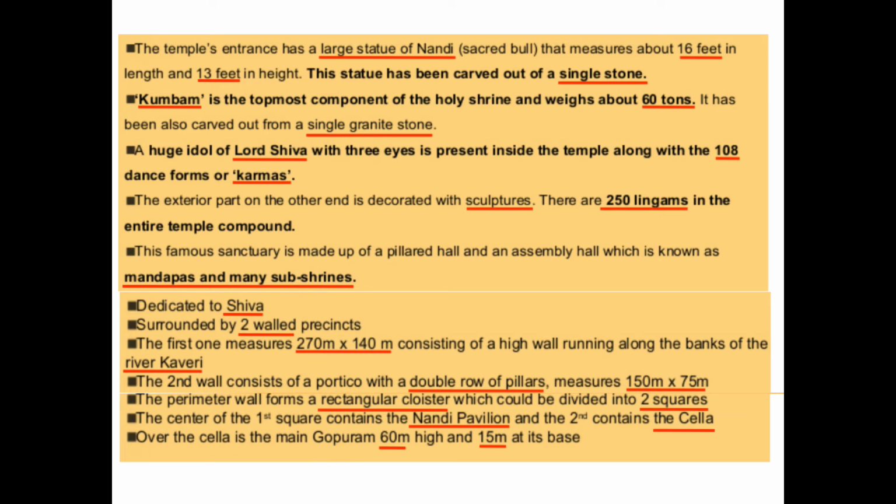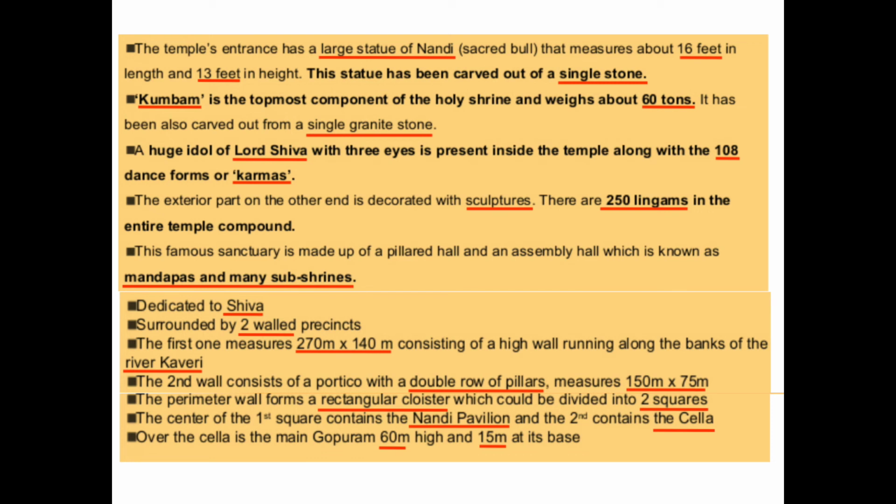precincts. The first one measures 270 meters by 140 meters, consisting of a high wall running along the banks of the river Kaveri, and the second wall consists of a portico with a double row of pillars measuring 150 meters by 75 meters.